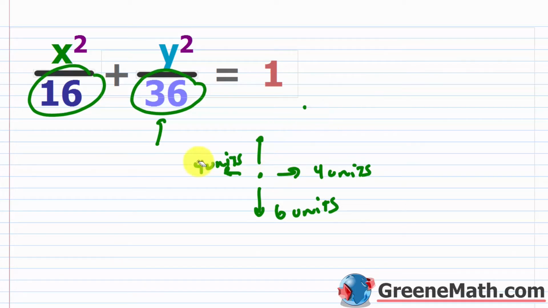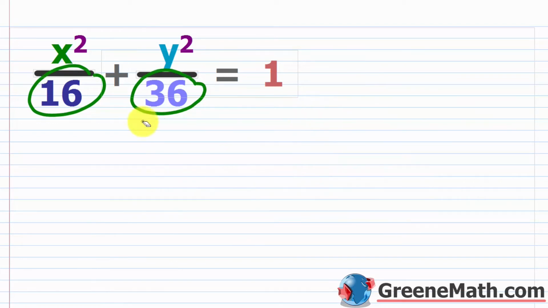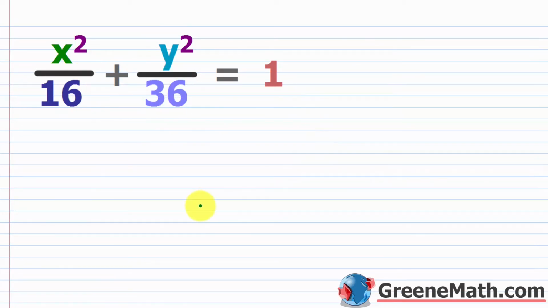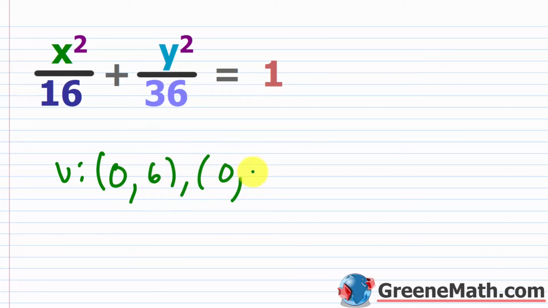Now let's think about some points here, and we'll look at the graph in a minute. The vertices, again, are the endpoints of the major axis. Your major axis is going to be on the y-axis, okay? So it's going to be (0, 6), since the square root of this is 6, and then (0, negative 6).